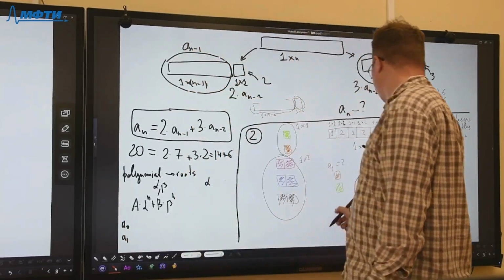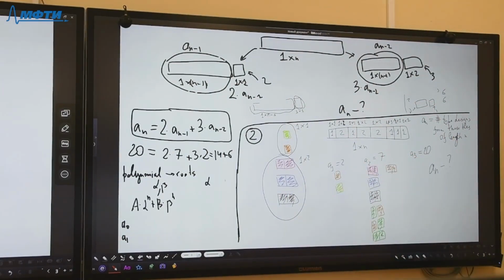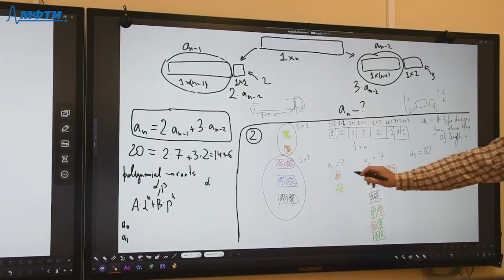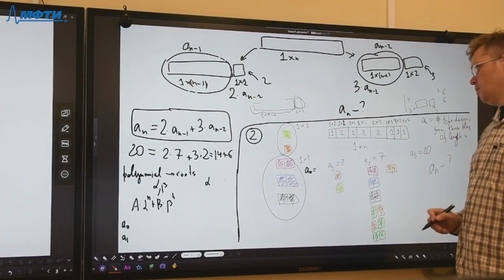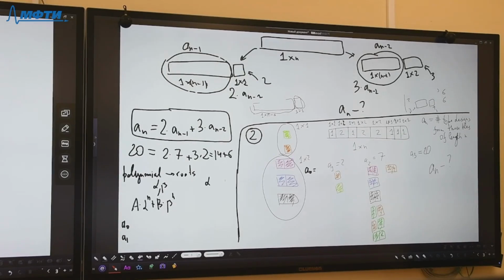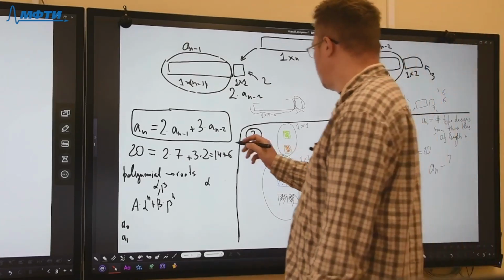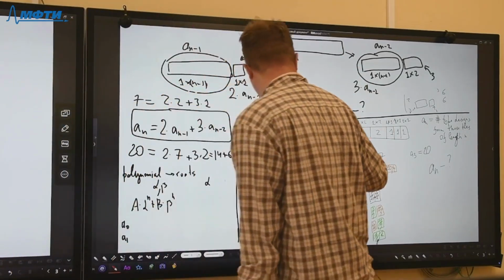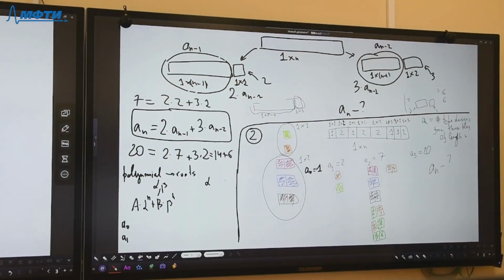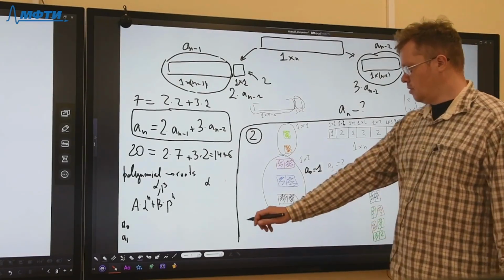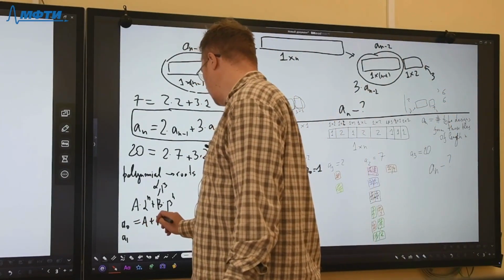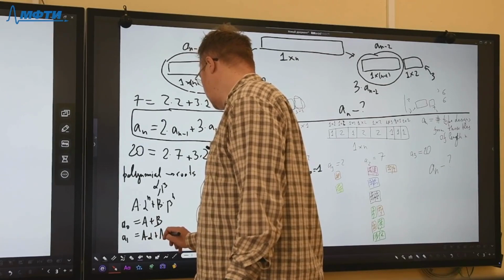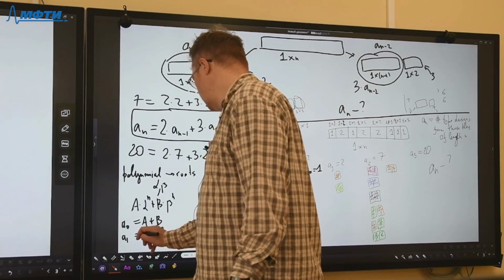So you just find a_0, a_1. To simplify this algorithm, you can understand that a_0 should be equal to 1, since 7 is 2 times 2 plus 3 times 1. Yes, so this will be exactly 1: tile one pattern of length 0. So here you have the following system of equations.